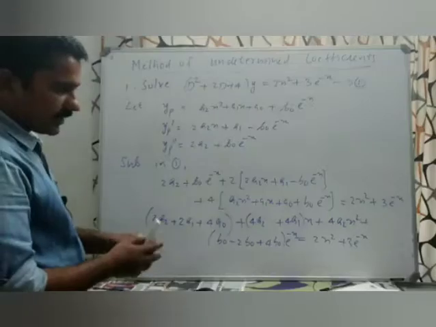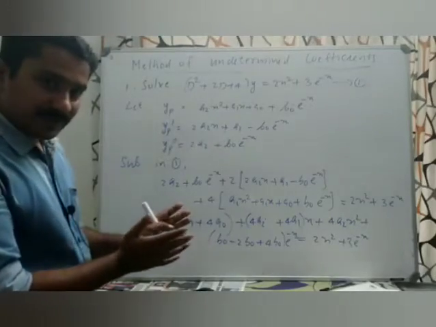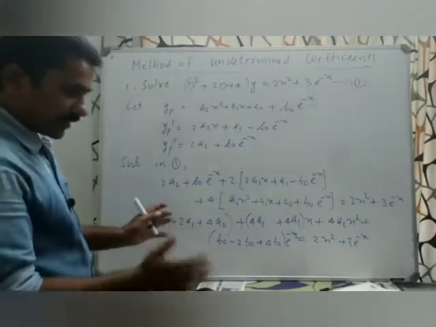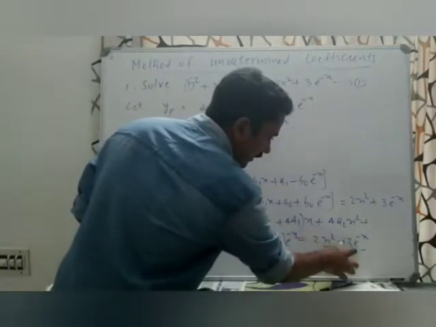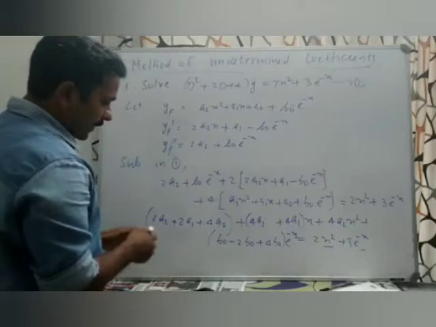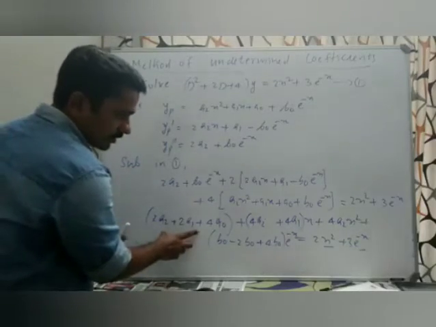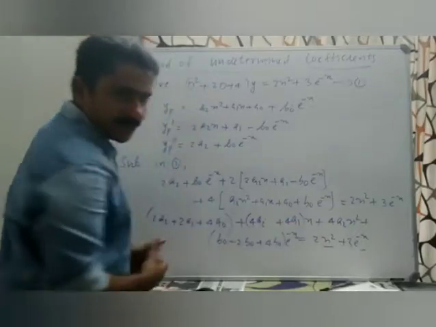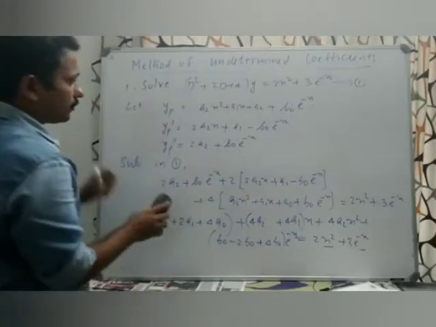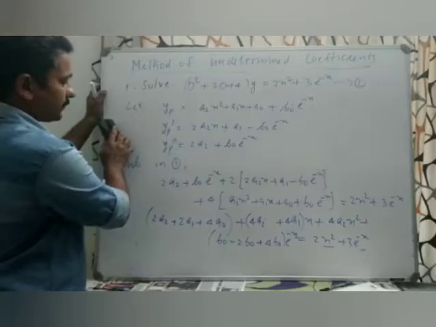Now what we do is just equate the coefficients of the corresponding times. On the right side we have only two times, right? Times of x square and time of e to the power minus x, and there is no constant term on the right side, no term of x on the right side. So now equate the coefficients.